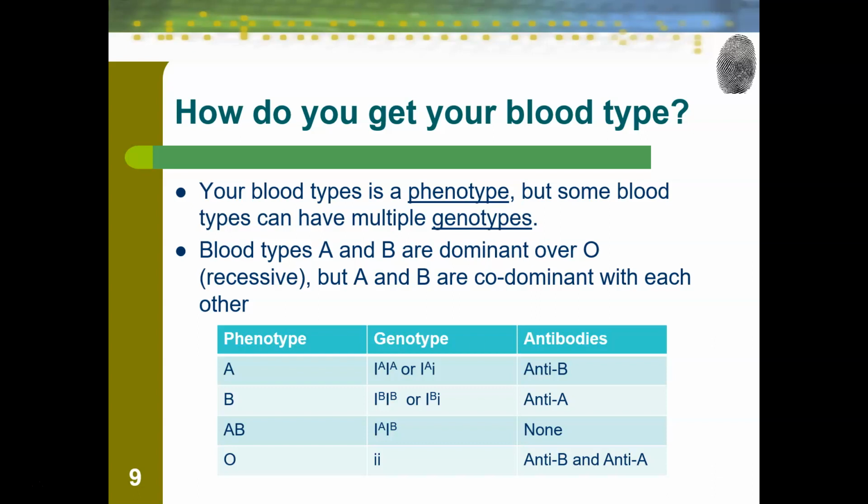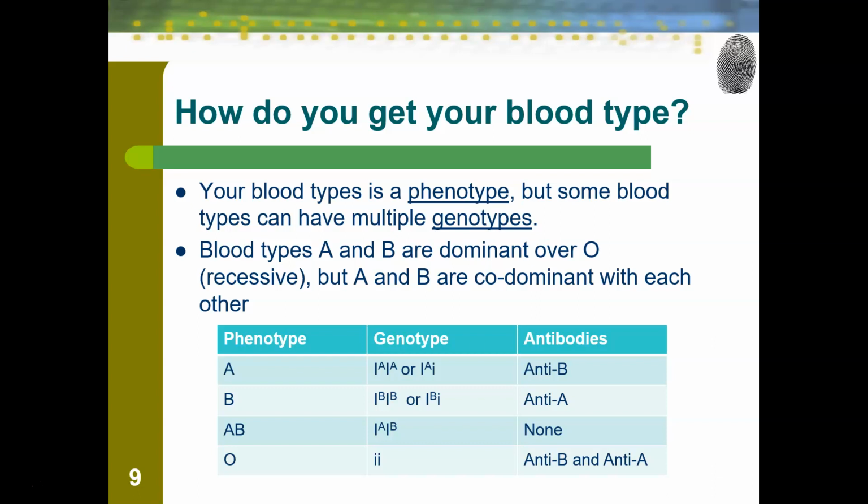It doesn't want any B proteins in there. Type B blood is the opposite, where you could have I^B I^B as your genotype, being homozygous for B blood, or I^B, lowercase i, meaning that you are heterozygous, and you would have anti-A antibodies because your blood is anti-A, not wanting A proteins in there.